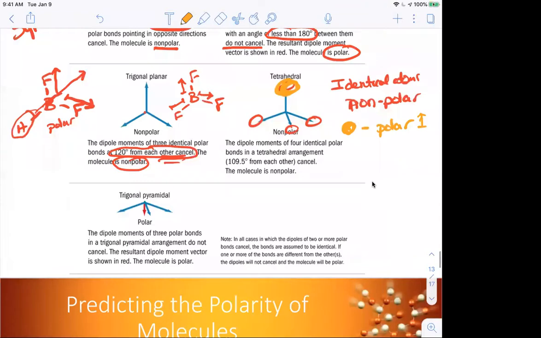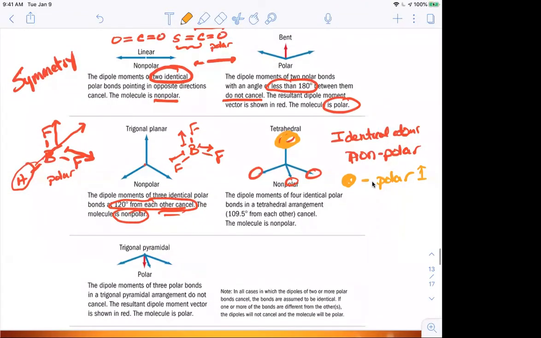Trigonal pyramidal, right? If I have three polar bonds and it's trigonal pyramidal, they're not going to cancel. This is going to be a polar situation. Again, if I look at nitrogen, right, what I'm going to have is sort of these bonds coming up this way because this is more electronegative.